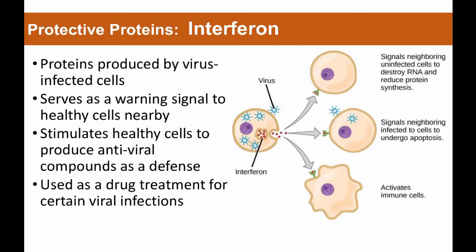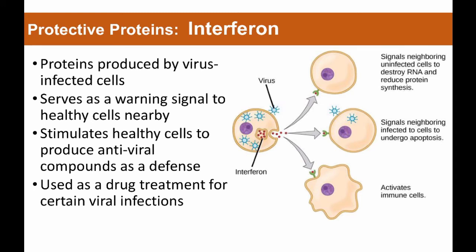Another category of protective proteins are called interferons. And interferons interfere with the ability of viruses to infect our cells. Interferons are only produced by a cell when it's been infected with a virus. And it's essentially a warning call.